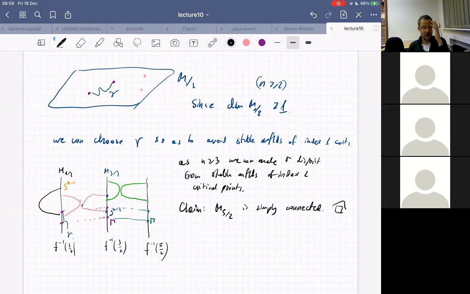If the whole of M is simply connected, then after we pass through 1- and 2-handles, everything is simply connected. I leave this as an exercise.